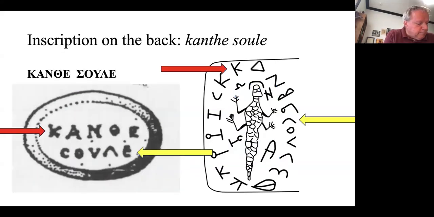It is surrounded by a corrupt version of the magical name, Sule, that usually appears on the reverse of the gem. I suggest, therefore, that the artisan who inscribed the Mithraic scene may have got his inspiration from a gem with the scene on one side and the name on the other.